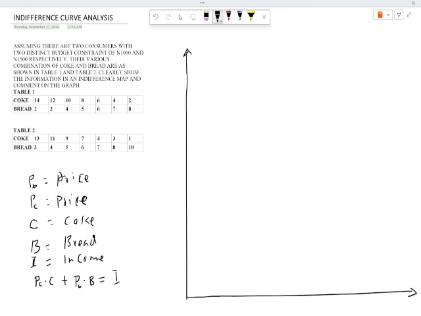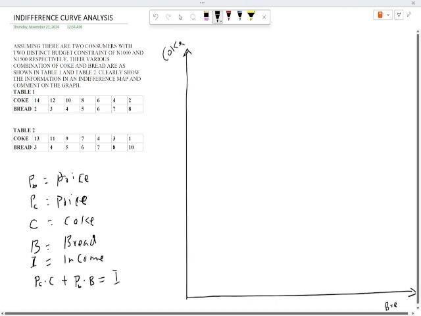You can use any of the axes to represent any of the commodities. Then we can say the vertical axis represents coke, you can just say C, while the horizontal axis represents bread.